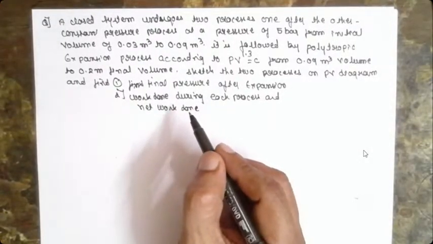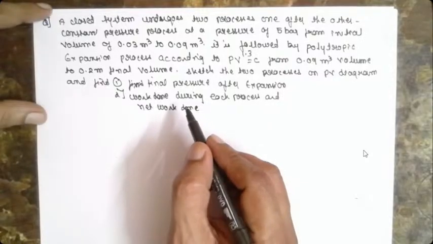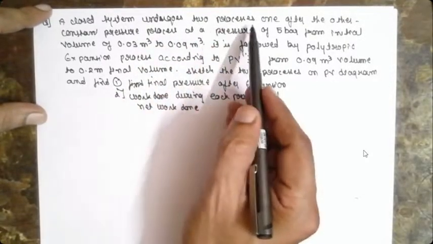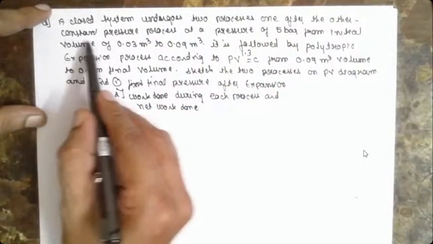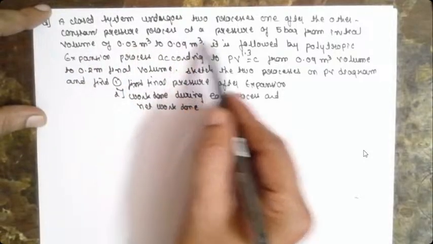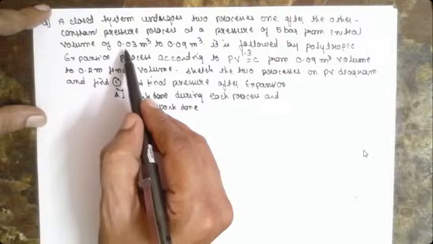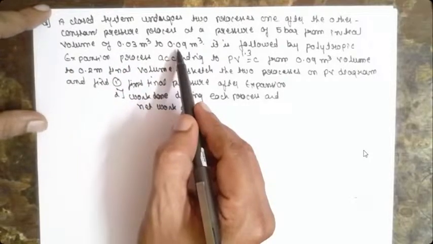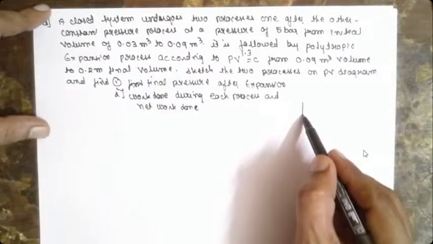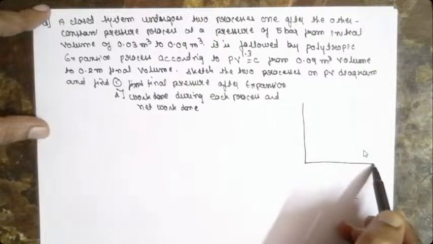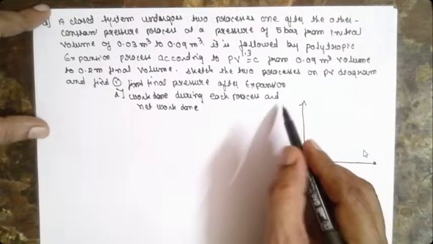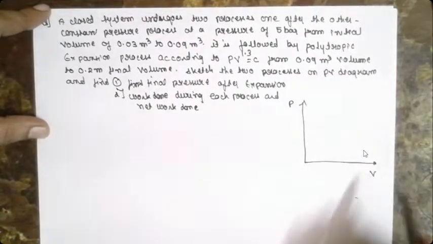Now this is the question. A closed system undergoes two processes one after the other. First is constant pressure process at pressure 5 bar from initial volume 0.03 to 0.09. Now this is a PV diagram, pressure and volume diagram.